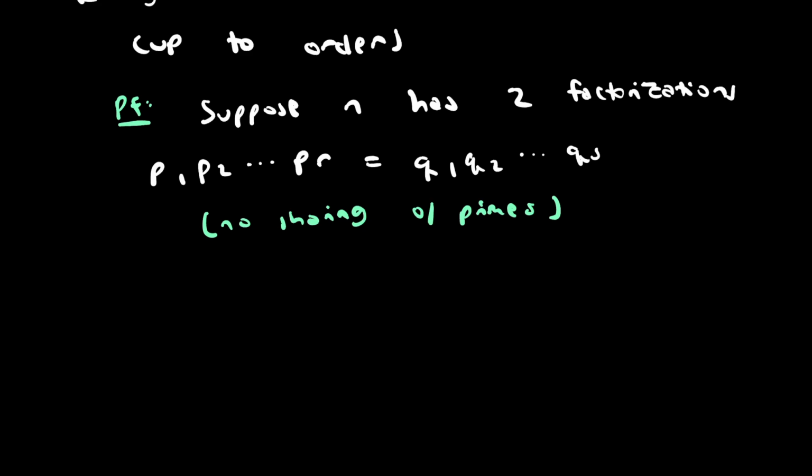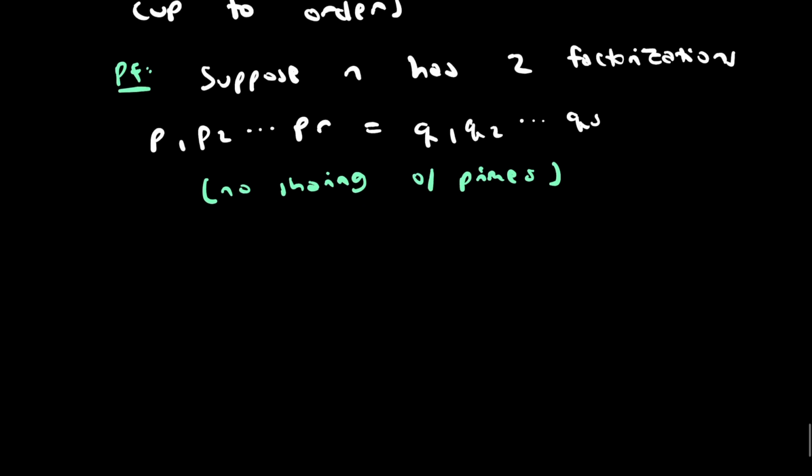So P1 divides the left side, right? As stated earlier. Because of that, it has to divide the right side as well, because it is giving the factorization for the same number. So I'll just write P1 divides the right-hand side.